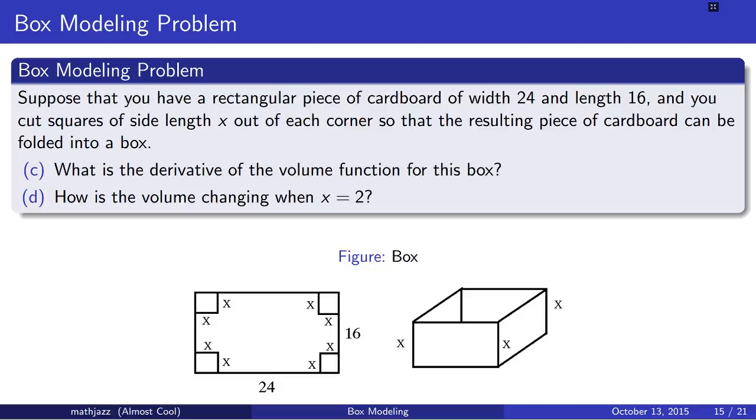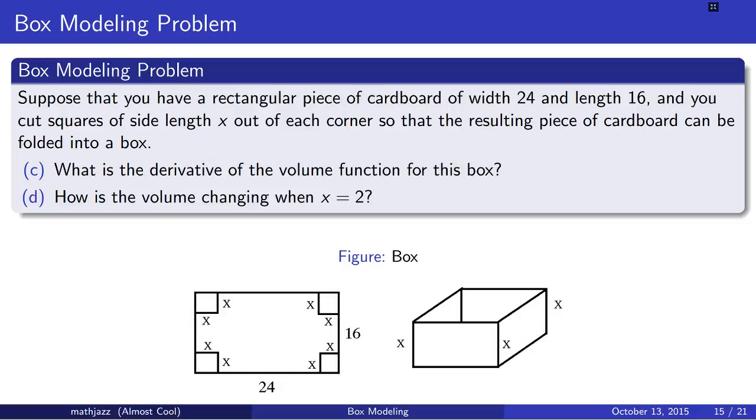Here's the problem statement. Suppose that you have a rectangular piece of cardboard of width 24 and length 16, and you cut squares of side length x out of each corner so that the resulting piece of cardboard can be folded into a box. Part C. What is the derivative of the volume function for this box? Part D. How is the volume changing when x equals 2?